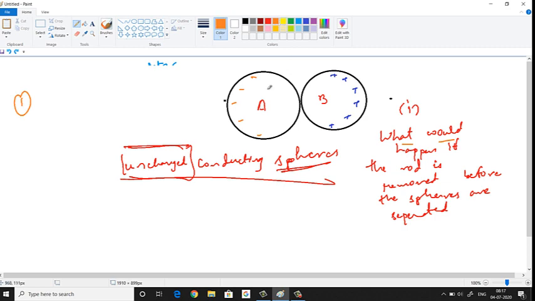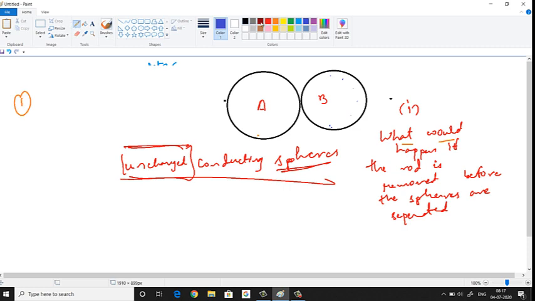So slowly these negative charges will again get attracted towards the positive charge, and everything will become zero charge. All the negative charges will go and combine with the positive charges, and the net charge will be equal to zero. It will become like that again. Again they'll become uncharged.